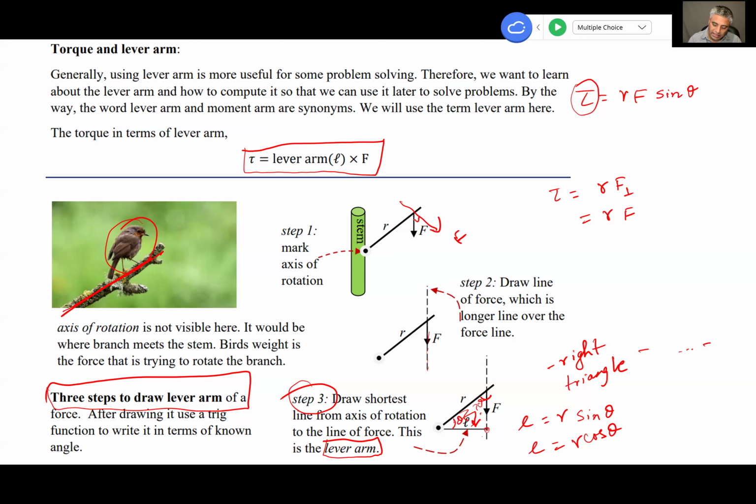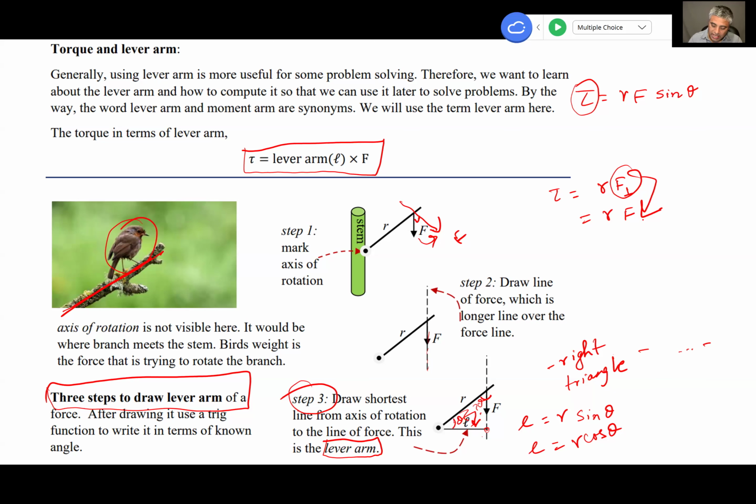For example, if this angle is given, rather than the angle between r and F, then you find its component and use that component here. So there are three different ways you can find the torque. We spent a lot of time talking about that in class, and the last worksheet was about using those three different ways to calculate torque.